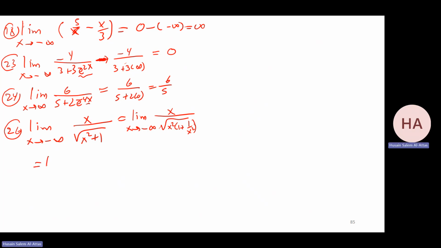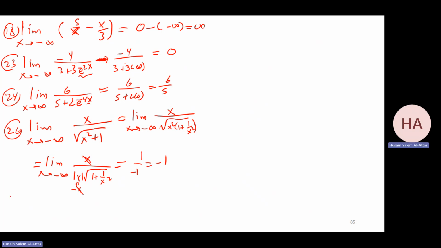And that will be what? Square root of x squared is the absolute value of x. That will be minus x. Cancelled. So you have 1 over minus 1, which is minus 1.